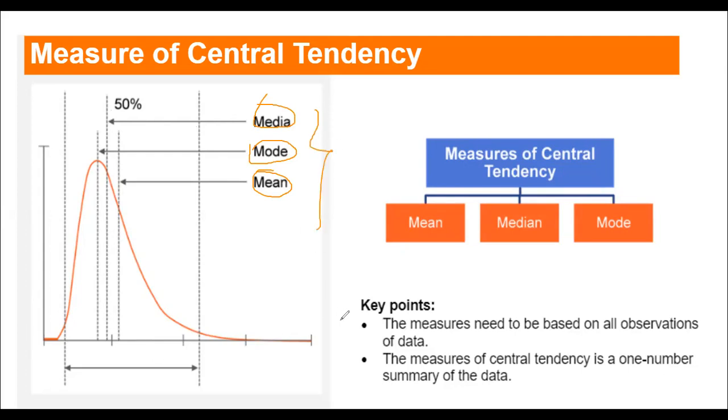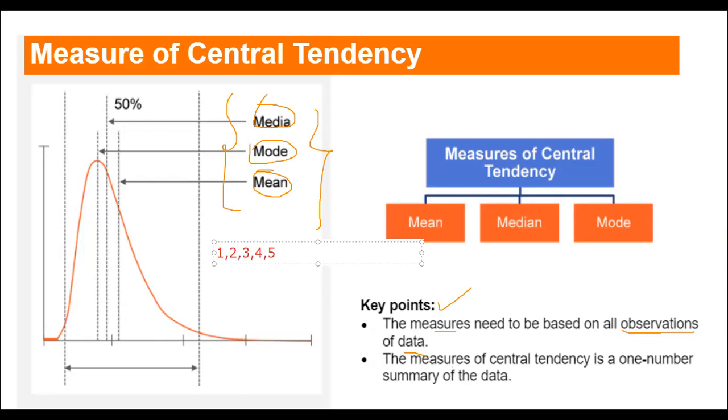Okay, so why are we finding these mean, median, and mode? Let's understand the key points first. The measures need to be based on all observations of data. Let's understand it. 1, 2, 3, 4, 5.